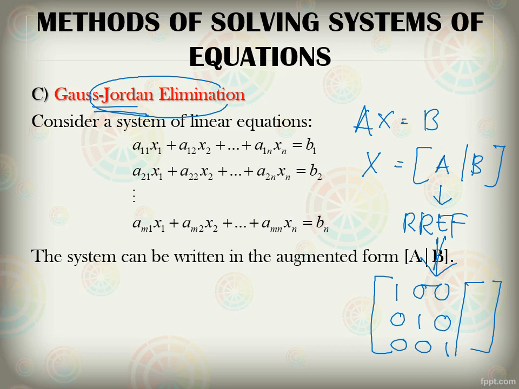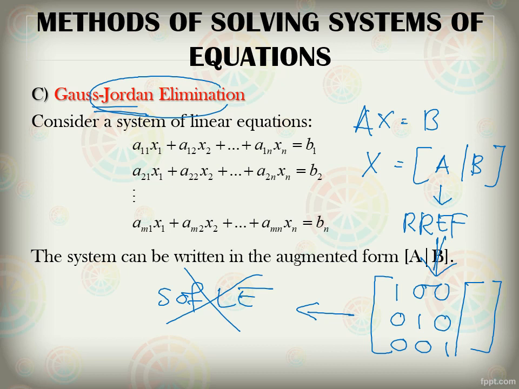The advantage of Gauss Jordan elimination is that you do not need to transform your matrix back to a system of linear equations and solve the equation.